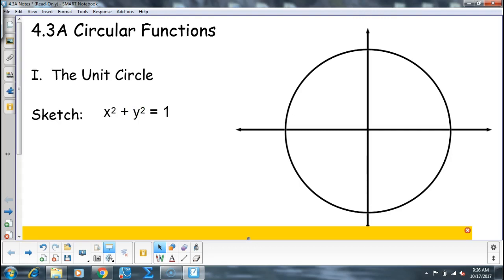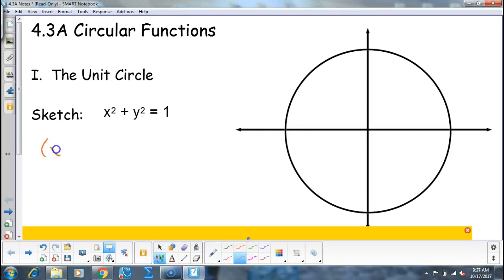Alright, so if I think back to the equation of a circle, x minus h, quantity squared, plus y minus k, quantity squared, equals r squared.